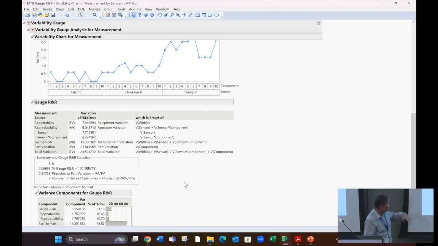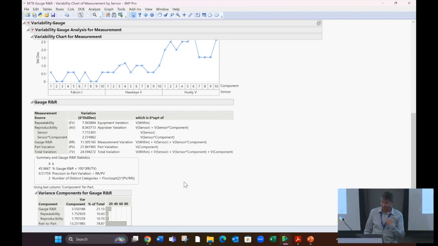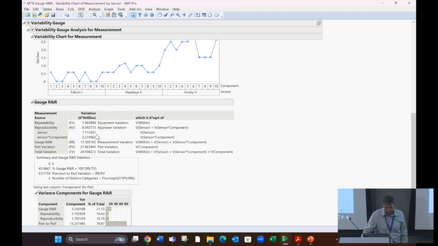And 10% is due to the repeatability of the individual operator. Then the reproducibility is 10.7%. The 10.7% comes from the variance components right here: the sensor and the two-factor interaction, sensor by component.